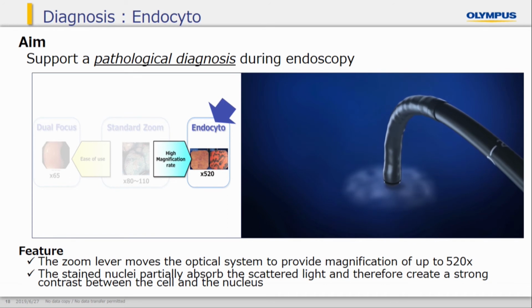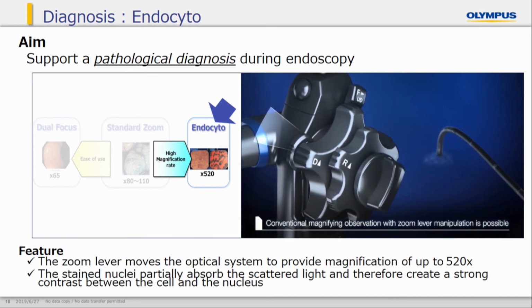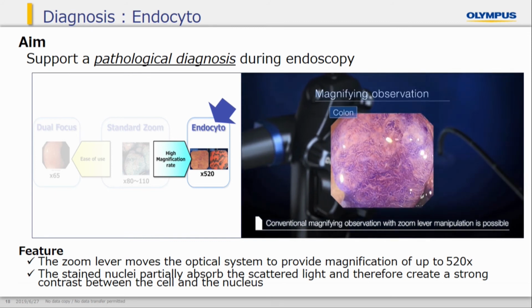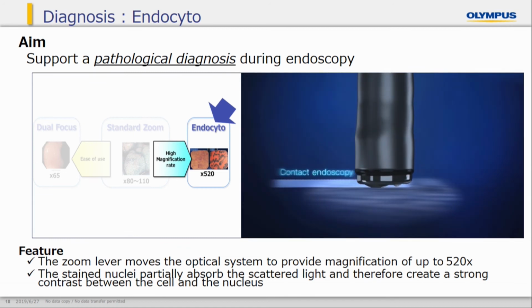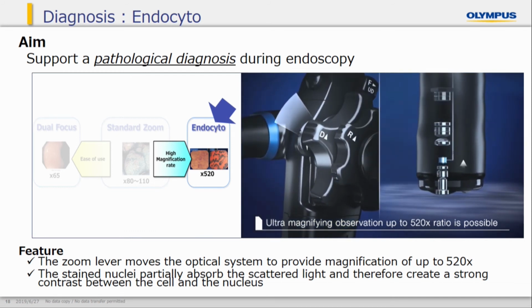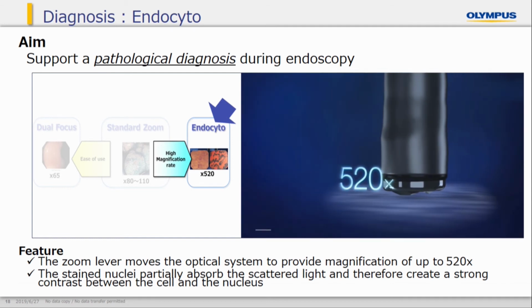Yes, conventional magnification observation with zoom level is possible. And when the endoscopist conducts endocytoscopy of the mucosa, ultra magnification observation up to 520 times compared to the 26-inch monitor is possible.